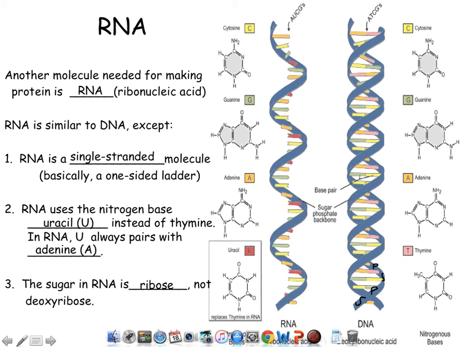And remember, for DNA, that sugar was called deoxyribose, which is where the D in DNA comes from. Here, we have the same pattern of sugar, phosphate, sugar, phosphate to build the backbone of the molecule. But in this case, the sugar is just slightly different. It's a ribose instead of a deoxyribose.